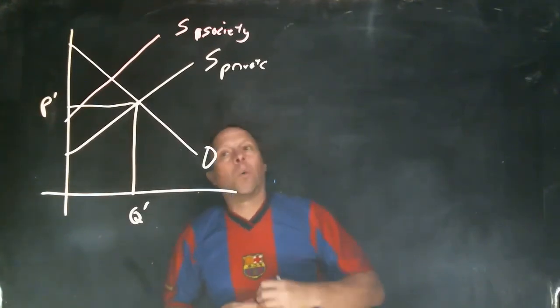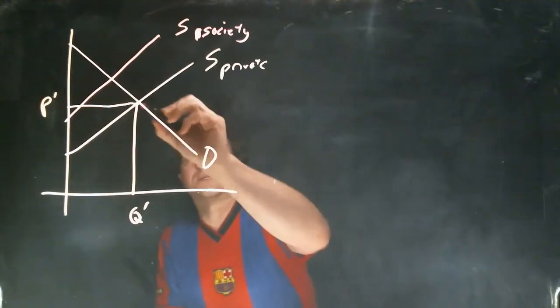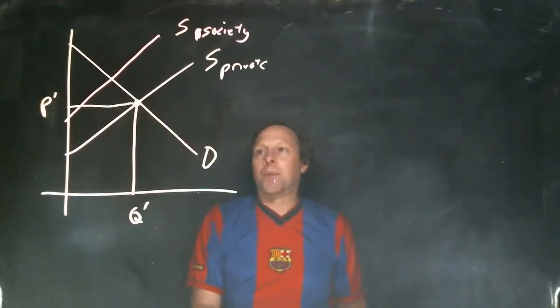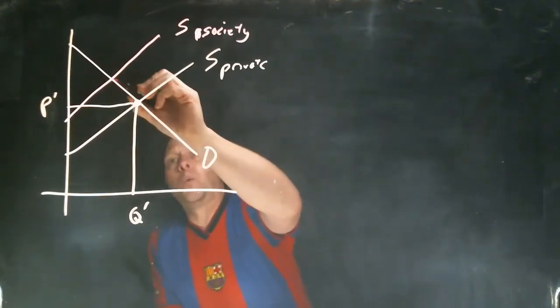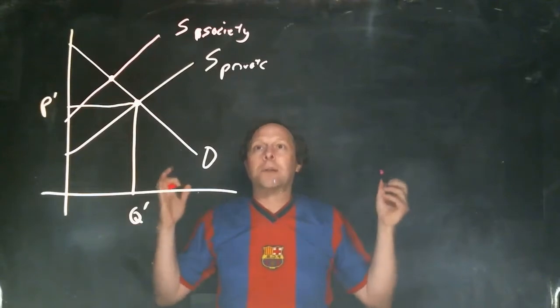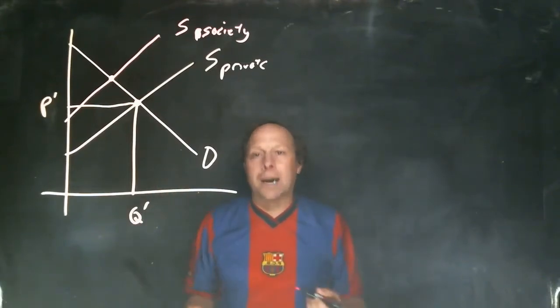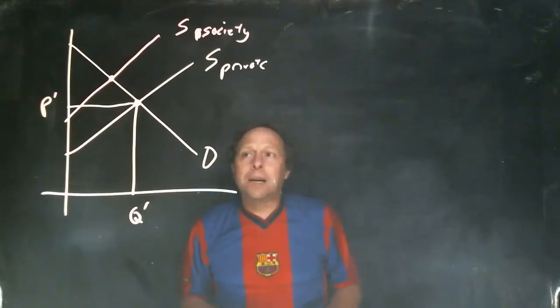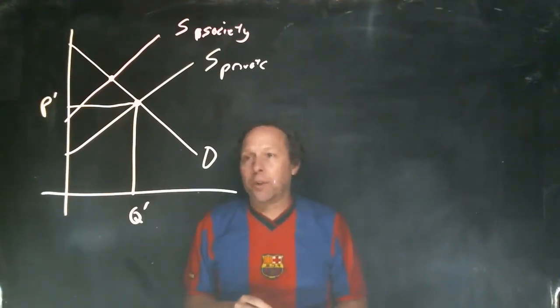Okay? So what happens in this world is that under private markets, we end up at the private market equilibrium, but where we really want to be is here at the societal equilibrium, where society's costs and benefits are equalized. So let's take a look at how this might occur in reality.